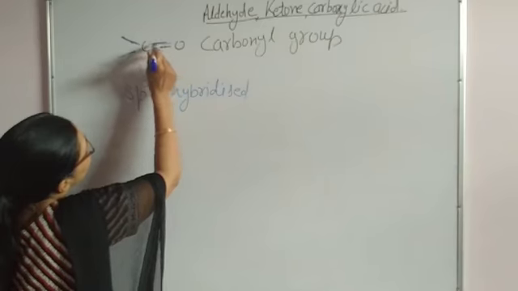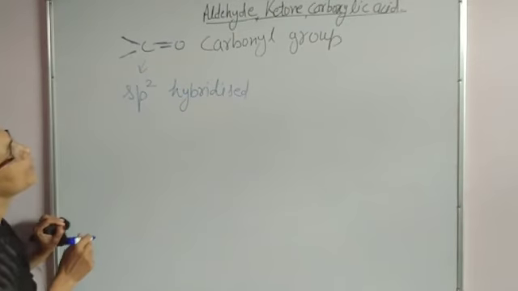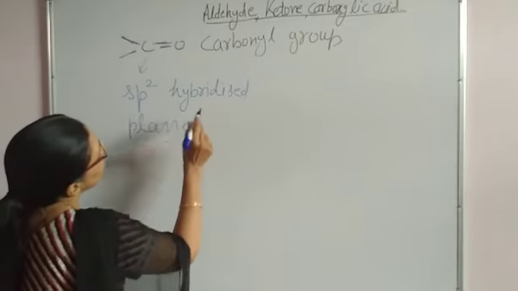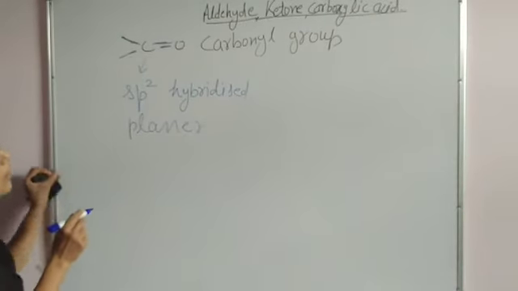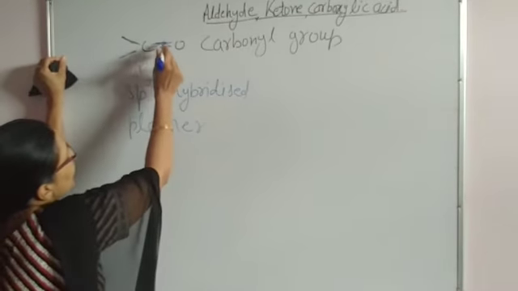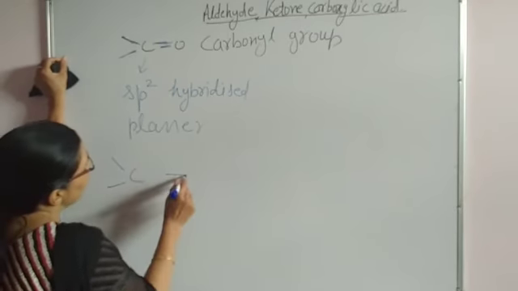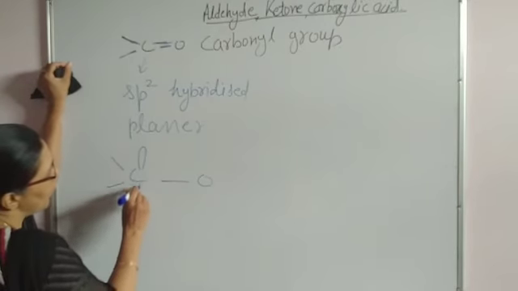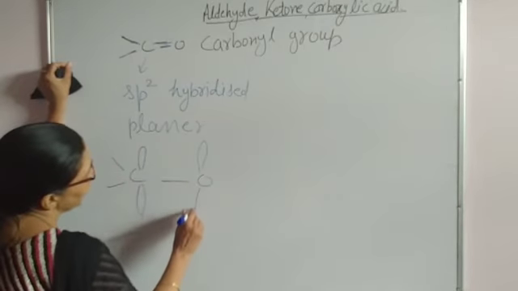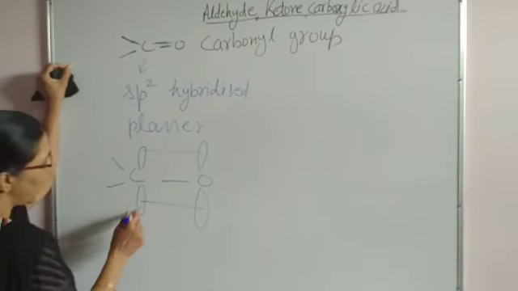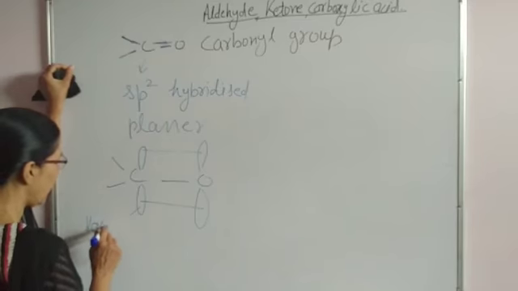It means these three bonds, one double bond and two single bonds, are arranged in a planar manner, in a single plane with an angle of nearly 120 degrees. So what will happen if a double bond is present? This double bond will form by means of sideways overlapping, and these are the vacant p orbitals.